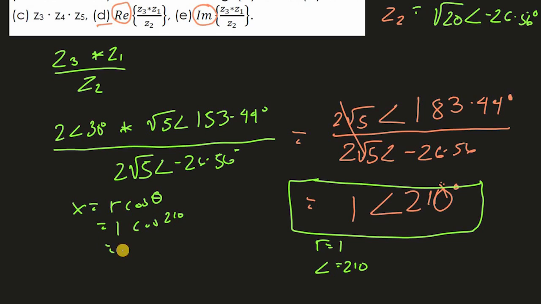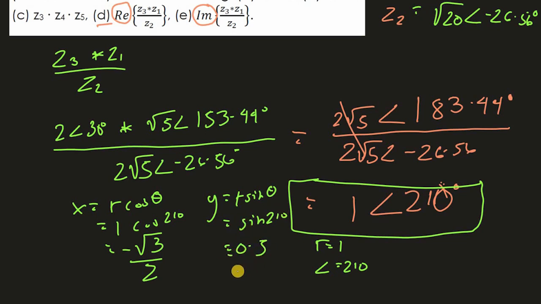Solving for that, cosine of 210 is equals to negative square root of 3 over 2. Now, solving for the value of y, that's r sine theta. And sine, that's sine 210. Solving for that, sine 210 is equals to negative 1/2.